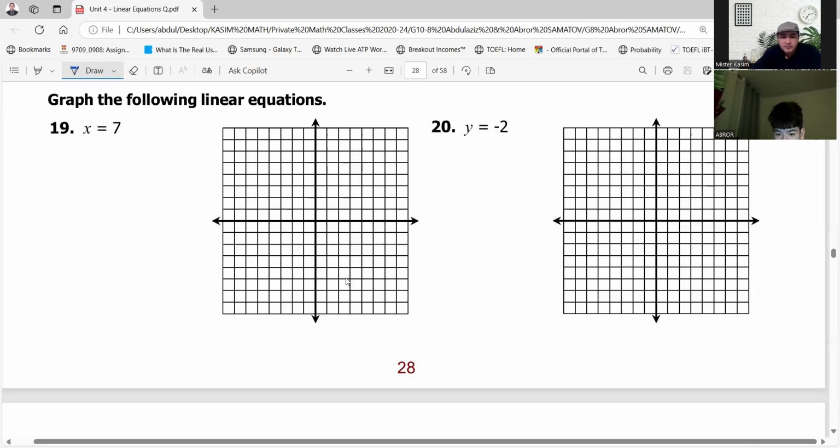Vertical line, right? And the x-intercept is 7. 1, 2, 3, 4, 5, 6, 7. So it is here. So it is this vertical line. Okay. And how about y equals -2? Horizontal line, right? 1, 2. It is this horizontal line.